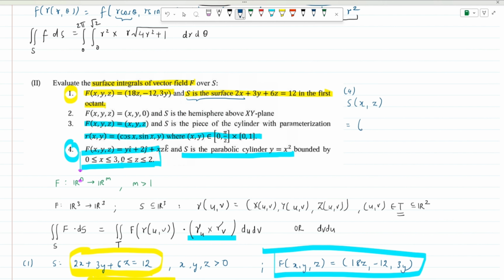Since it is x comma z, your x will remain x. Now, we have the surface equation y equals x squared, so instead of writing y, we can write the second coordinate as x squared. And then the z coordinate remains z. The limits of x and z are already given to us, so it is going to be the Cartesian product of the closed interval 0, 3 and the closed interval 0, 2.